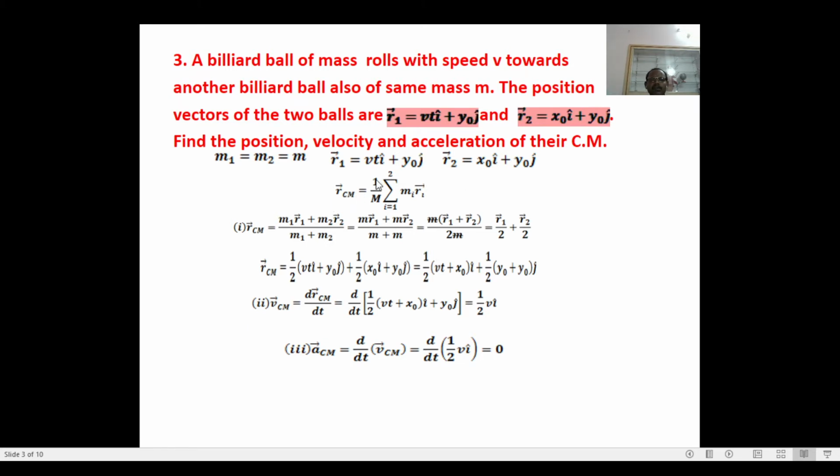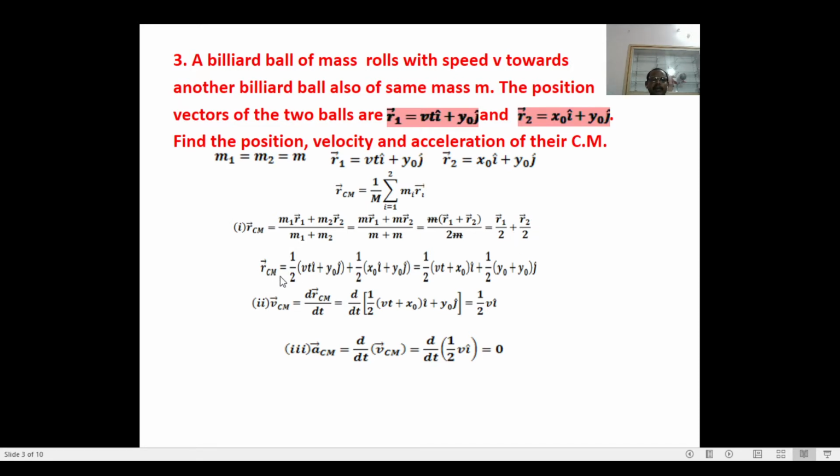R_CM vector is equal to 1 by M sigma i equals 1 to 2 m_i r_i vector. Part 1. R_CM vector is equal to m1 r1 vector plus m2 r2 vector divided by m1 plus m2, which is equal to m r1 vector plus m r2 vector divided by m plus m, which is equal to m as a common factor in the numerator, m into r1 vector plus r2 vector divided by the denominator m plus m, which is 2m, which is equal to r1 vector by 2 plus r2 vector by 2.